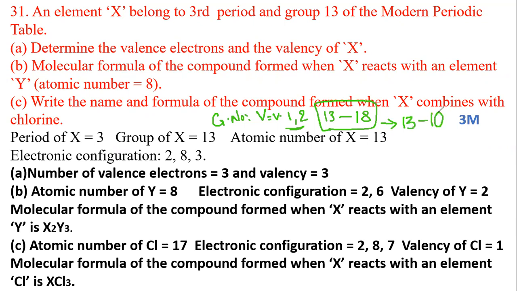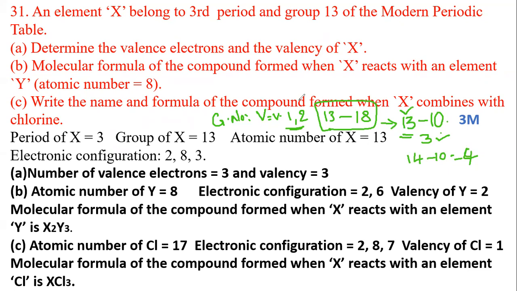The 13th group, minus 10, you will get 3. If you go to the 14th group, minus 10, you will get valence electrons 4. In that way, you can easily remember how many valence electrons each group's elements have.